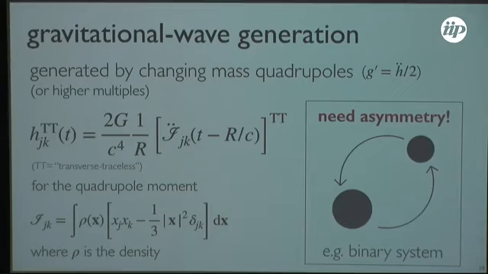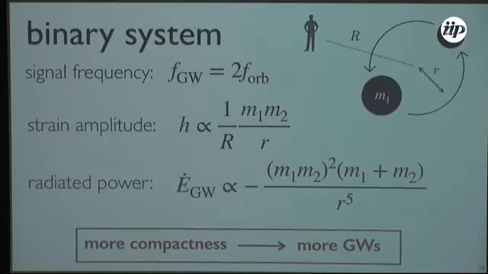And you see this is a quadrupole because, again, there's an excess of mass here, an excess of mass here, a lack of mass here, and a lack of mass here. You can think of a lack of mass as being like a negative mass if you renormalize everything. Anyway, for this quintessential gravitational wave source, you have a gravitational wave signal that's emitted at twice the orbital frequency. You can see that from the symmetry of the system, right?